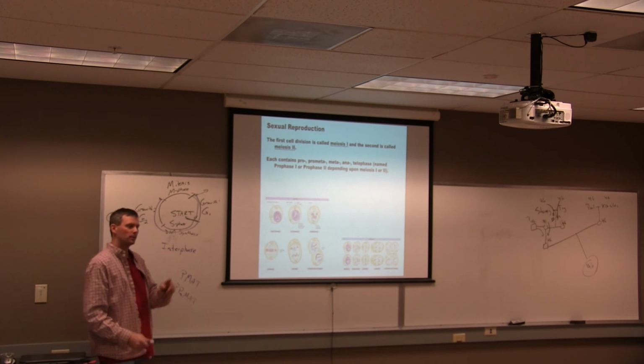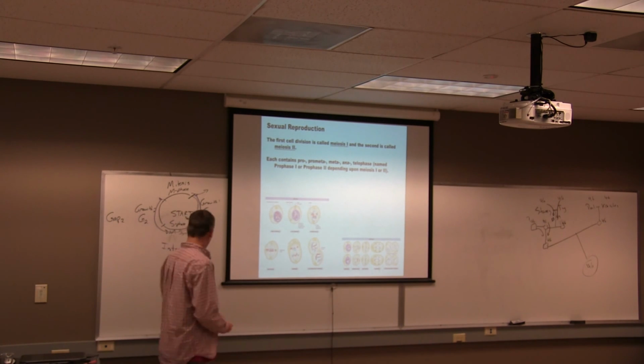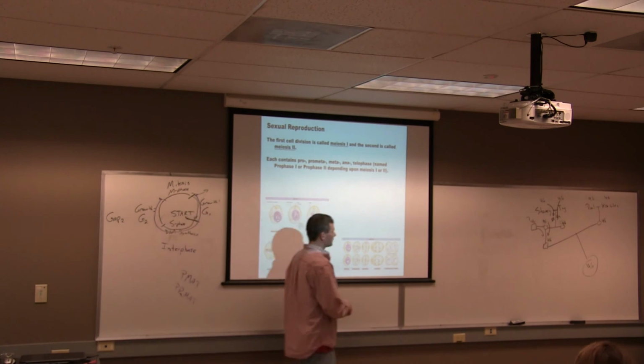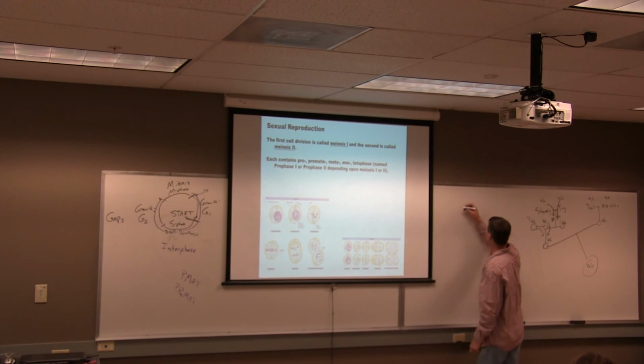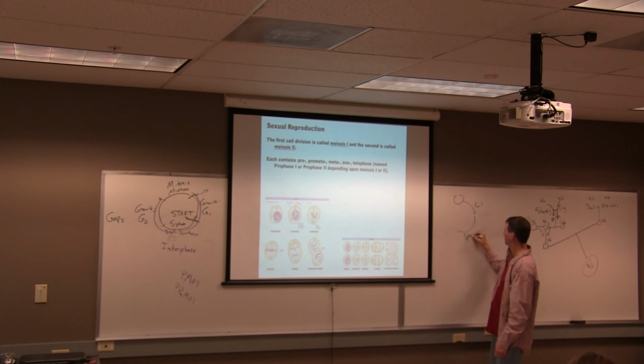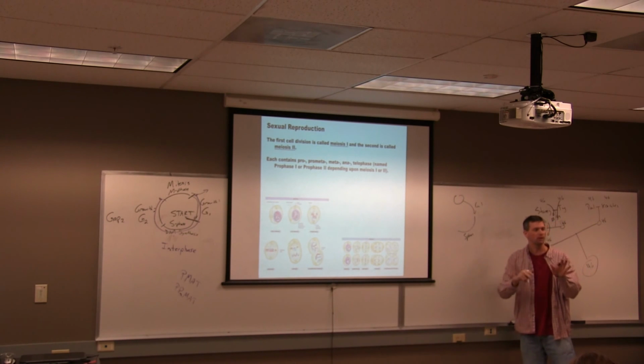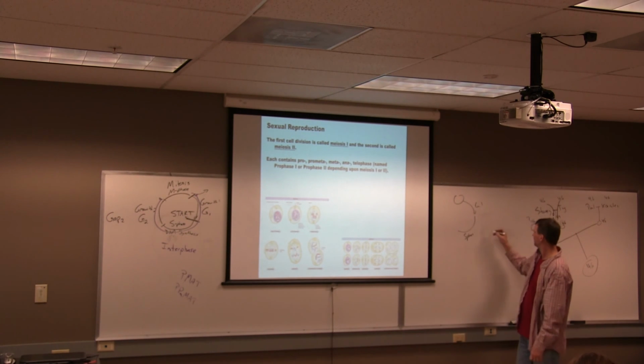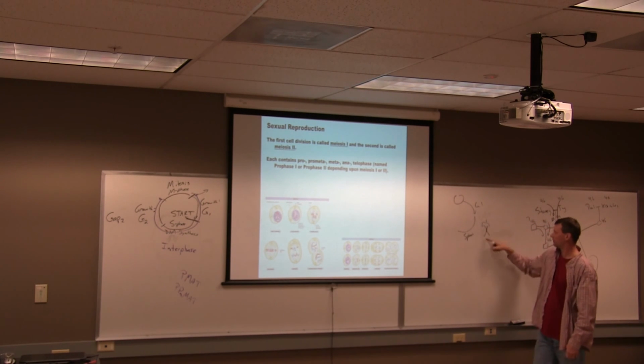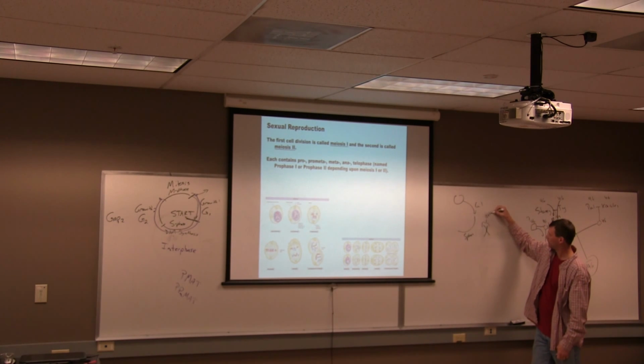So meiosis is actually 2 cell divisions, and it starts out basically the same as a regular one. We start with a cell, we go through a G1, we go through an S phase. So we have 46 chromosomes, but there's an extra set. That is 1 chromosome, but it's 4 strands, right?